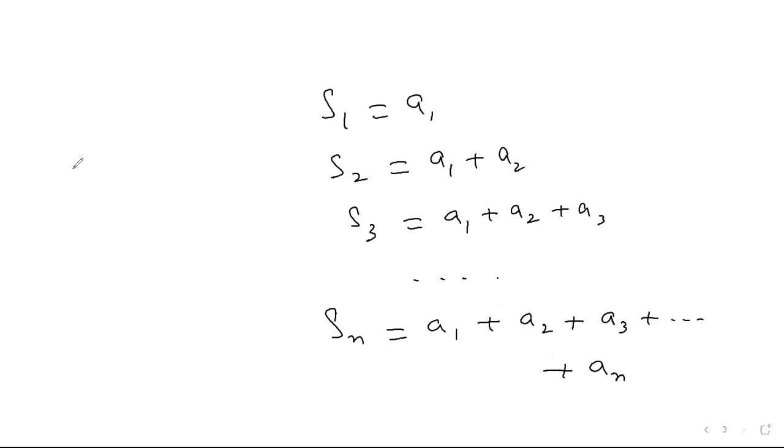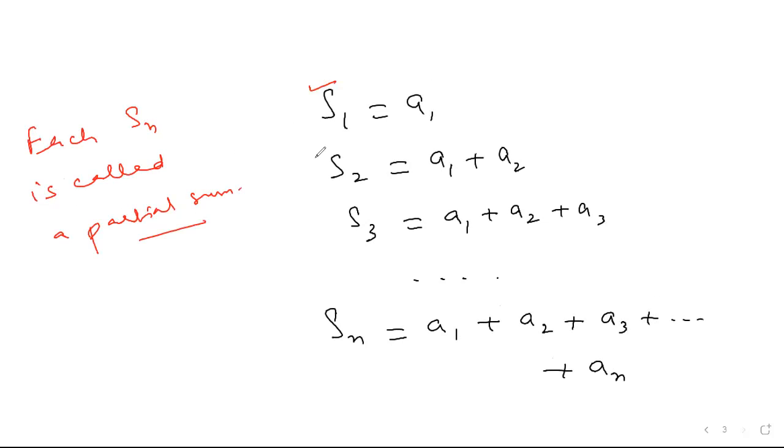Now each Sn is called a partial sum. S1 is a partial sum, S2 is partial sum, S3 is partial sum, and you can see S1 means the sum of one term, just one term.